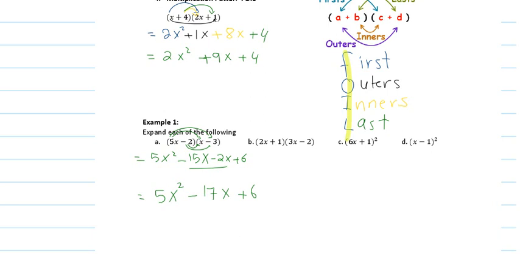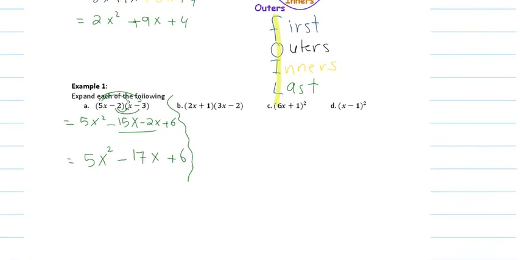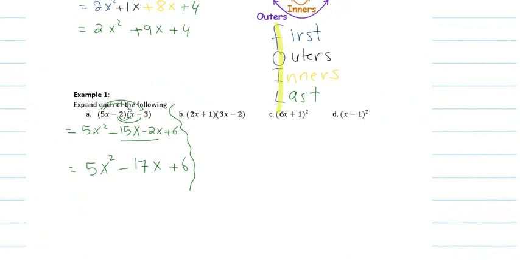But before we move on to the next one, what do you think? If I have something like 6x plus 1 squared, how is that similar to what I've been doing? That basically means you multiply the first bracket by the second bracket, which is 6x plus 1.